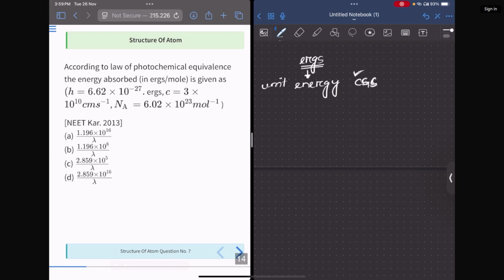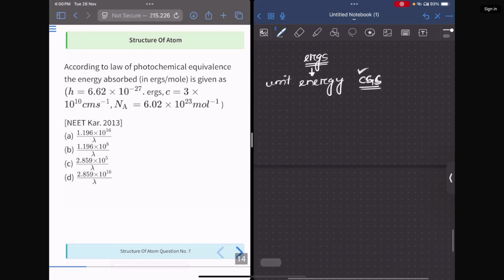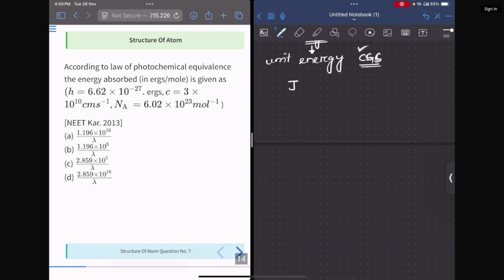You might have read about the CGS system in the fundamentals of physics in the first chapter of physics, so I'm not going into that. When we convert joule to ergs, we find that 1 joule is equal to 10 to the power 7 ergs.